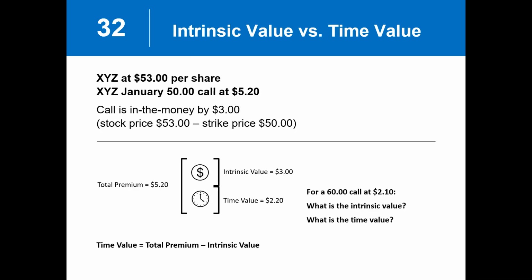It's going to be $7 out of the money. But if it trades for $2.10, how much intrinsic value? Well, if it's out of the money, there's no intrinsic value. So all of that $2.10 would be time value. So that's option premiums, intrinsic value, and time value. You can think about these concepts both for calls and puts the same way.